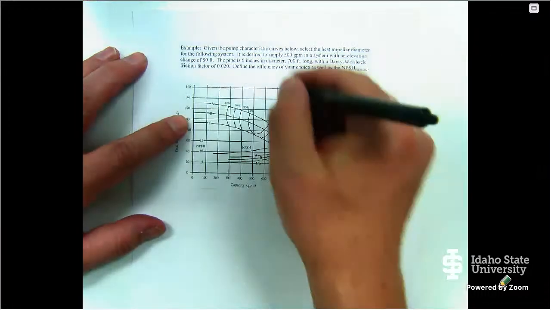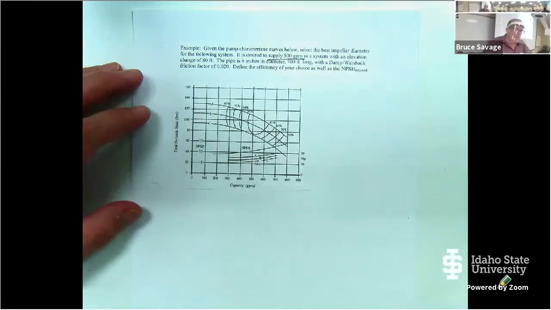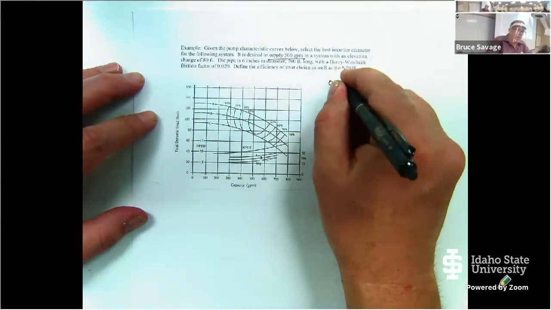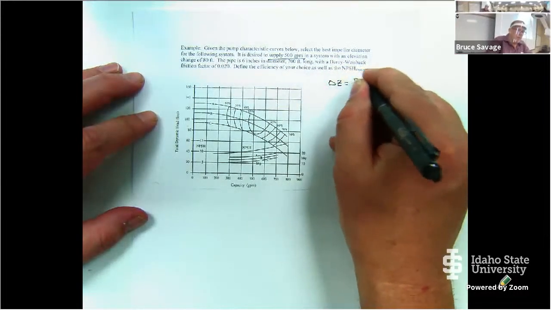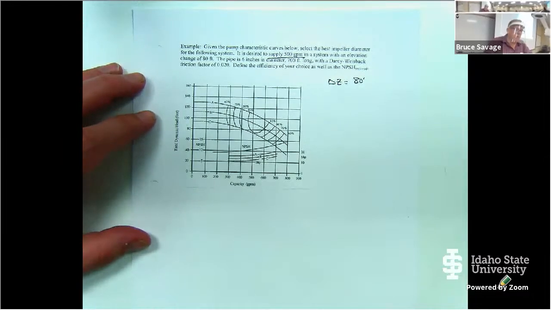It is desired to supply 500 gallons per minute in a system with an elevation change of 80 feet. So our delta Z is equal to 80 feet. The pipe is 6 inches in diameter, 700 feet long, with a Darcy-Weisbach friction factor of 0.02. Define the efficiency of your choice as well as the net positive suction head, NPSH required.